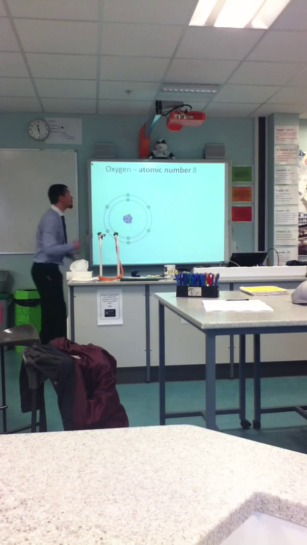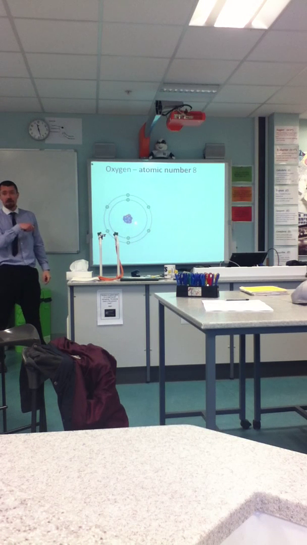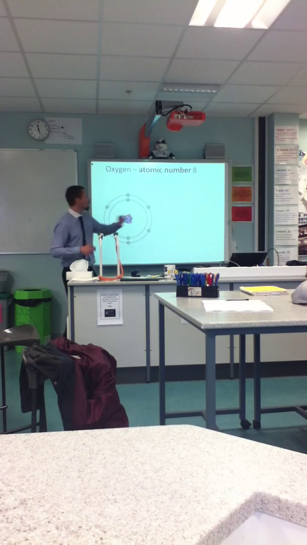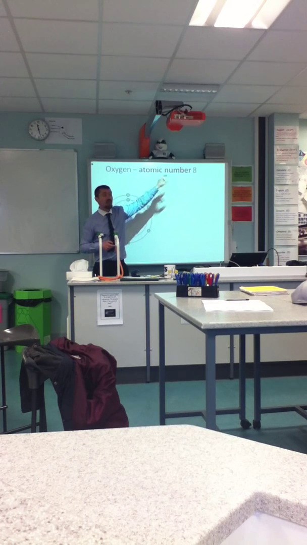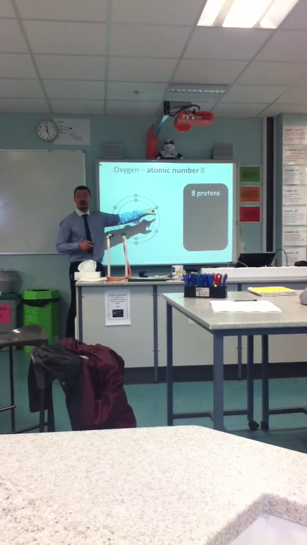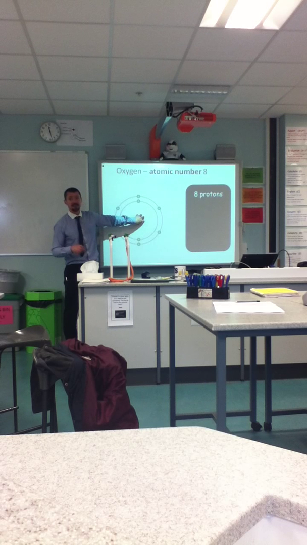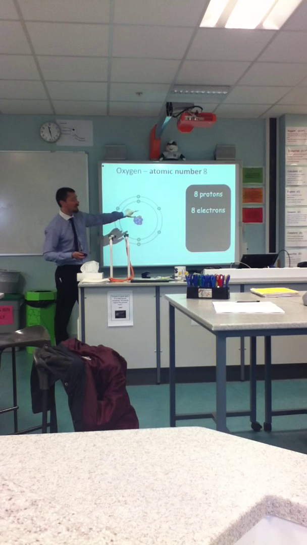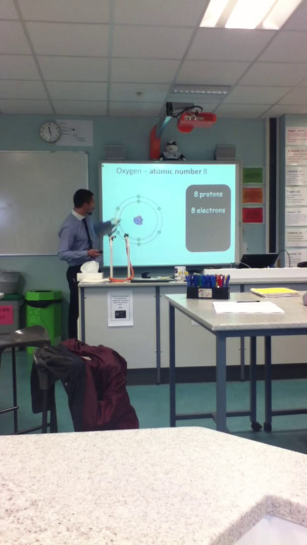I'll do a second one for you. This is oxygen. If you look in your periodic tables, you will find that oxygen has an atomic number, remember the lower number, of 8. So going through the same things, this tells us that oxygen has 8 positive protons in its nucleus. And therefore, it has 8 negative electrons orbiting around that nucleus.